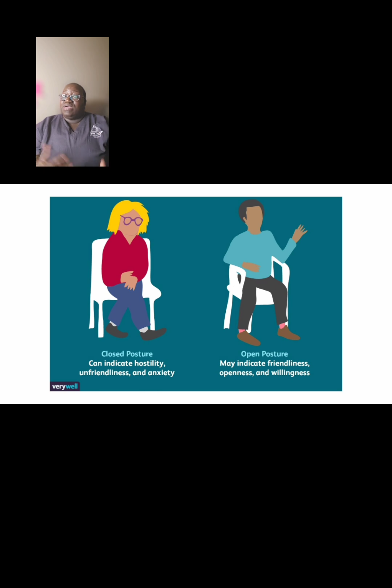So body language is everything in communication. The open posture that we talked about may indicate friendliness, openness, and willingness. Oh, they're open. They're willing to hear me out. They're willing to listen. They're interested. So these are all very important ways and little things to help kick our communication skills to the next level.